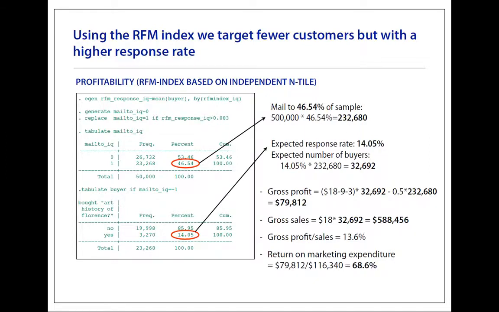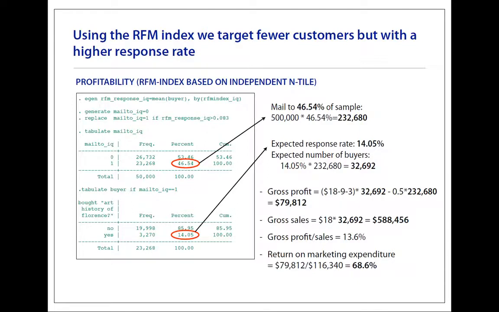We only target less than 50% of the customers. Now we only spend $0.50 on this 46.54% of the customers, so we save a lot. As a result, the return on marketing expenditure is almost sevenfold, so nearly 70%.